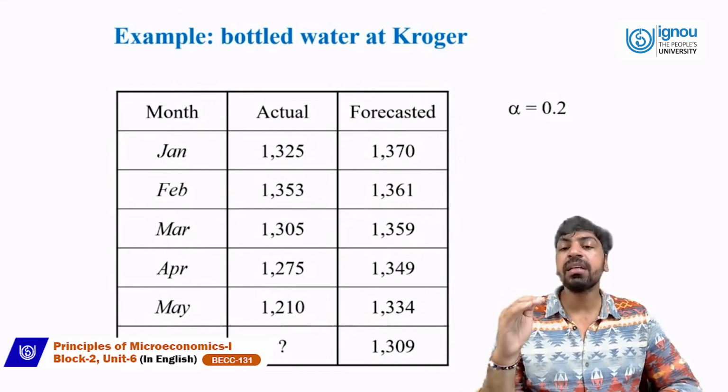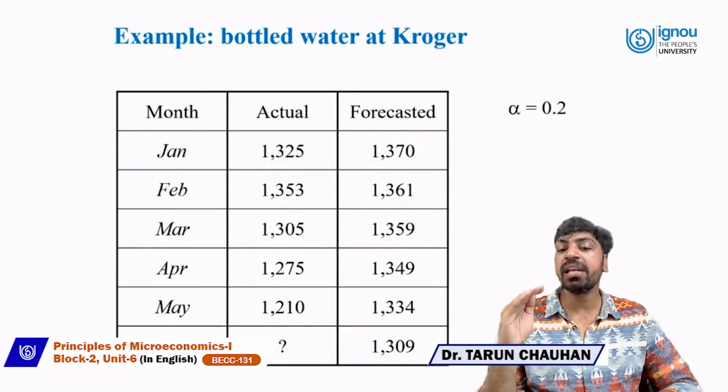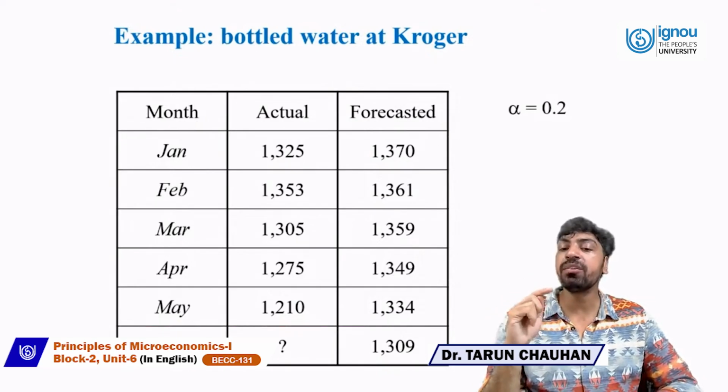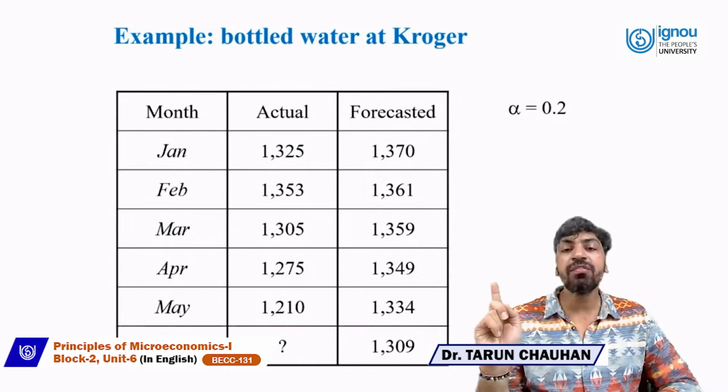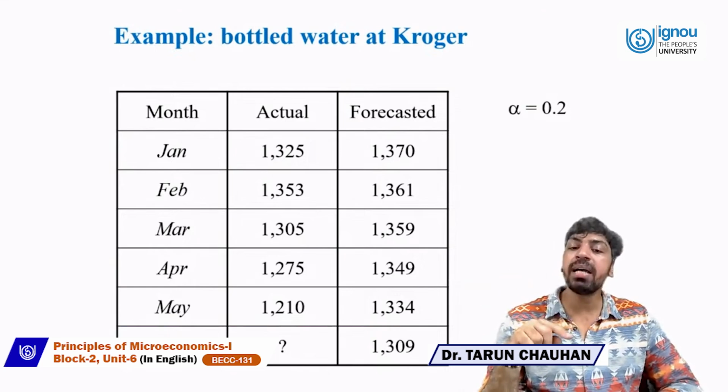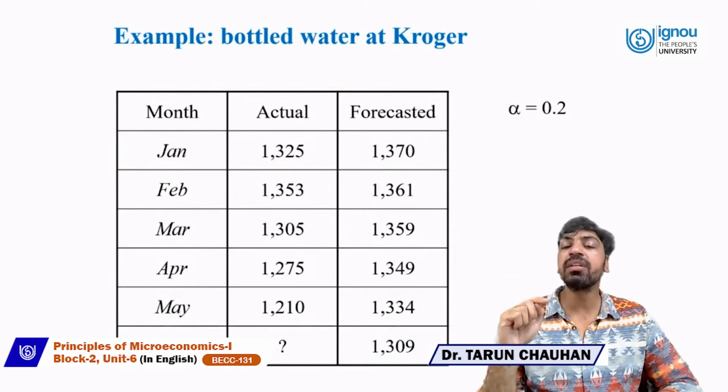You will get around 15. Just deduct the 15 from the forecasted value of May, that is 1334 minus 15. You will get the forecasted value of the June month, that is 1309.